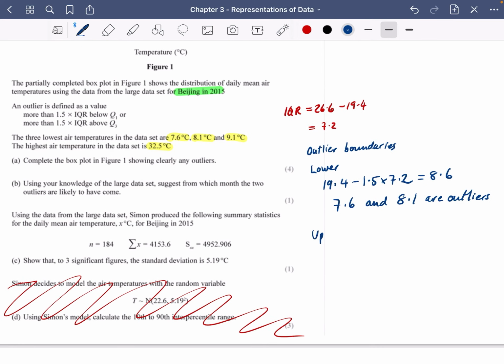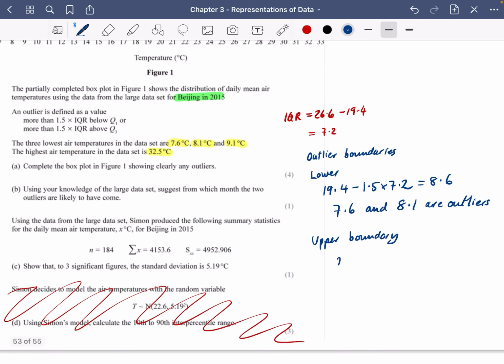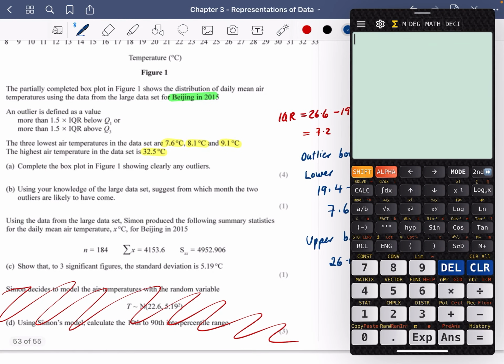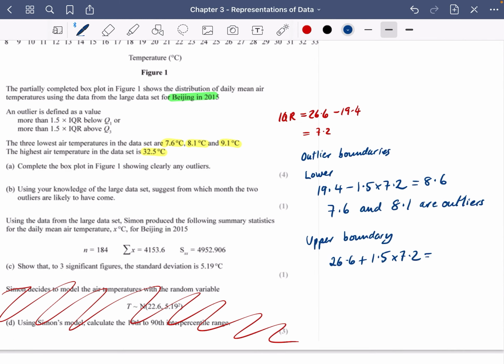Let's do the upper boundary. The upper boundary is going to be the upper quartile, which is 26.6, plus 1.5 times the interquartile range, which is 37.4. And our top value is 32.5. So there are no upper outliers.